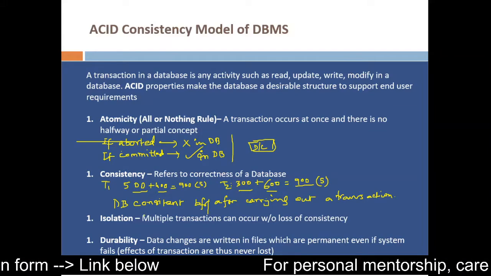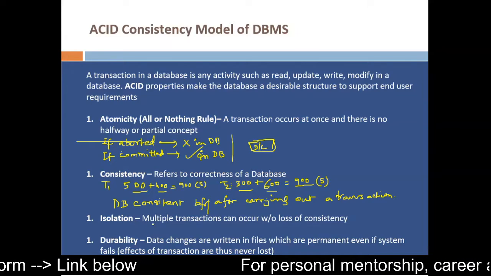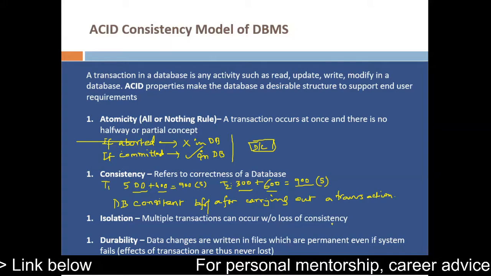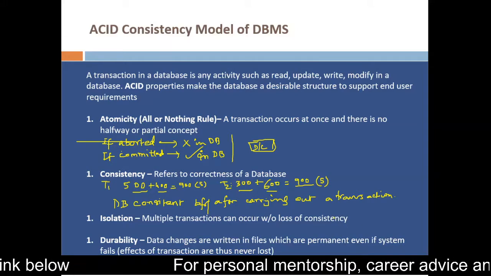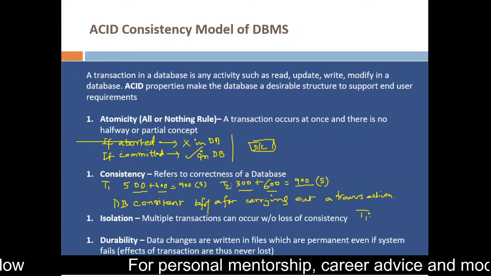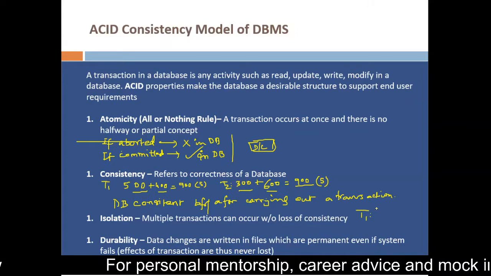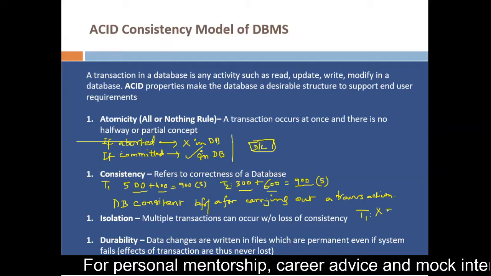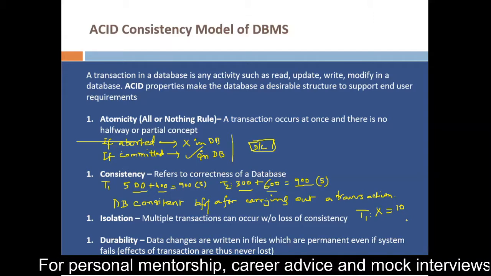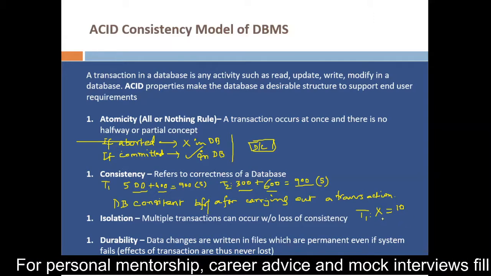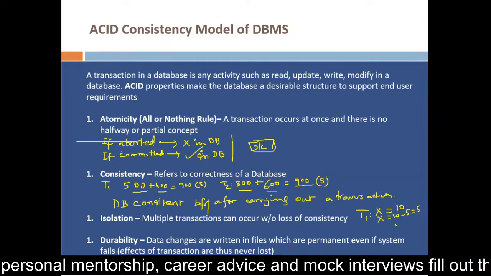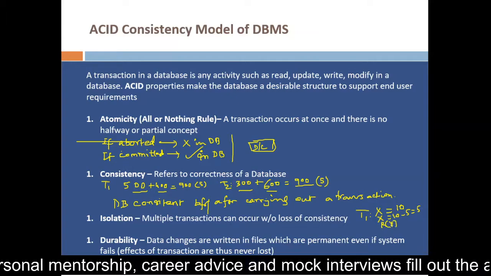The third important property is that of isolation. Now, isolation is to do with multiple transactions occurring without loss of consistency. So, if you have done one particular transaction here, let's say you have initialized a value of 10 to this particular variable x, and then you have updated that to 10 minus 5 as 5, and then you are reading the variable x, right?